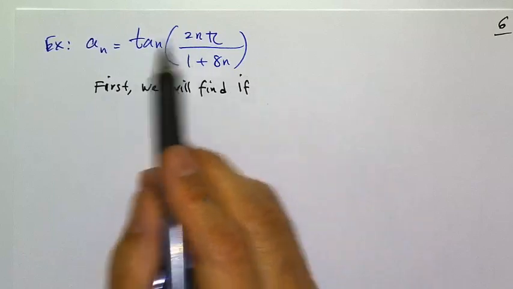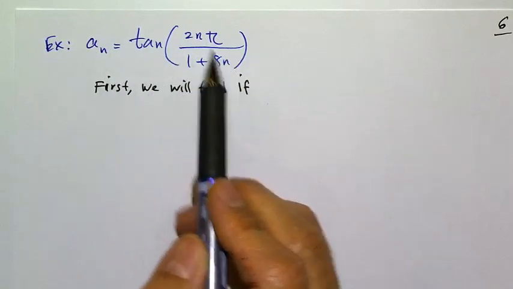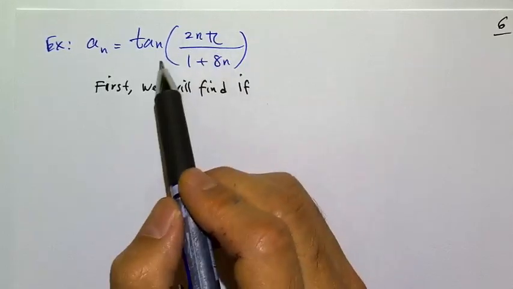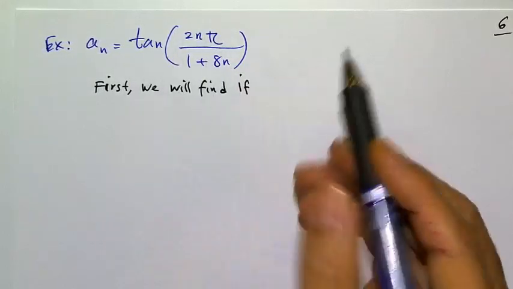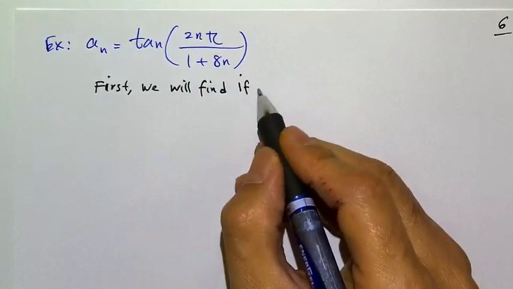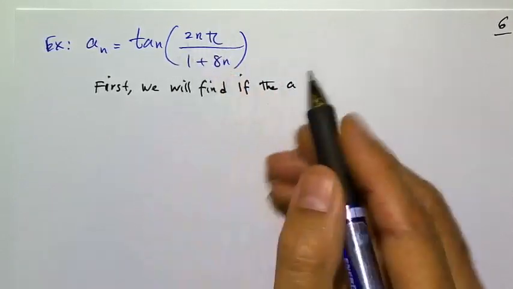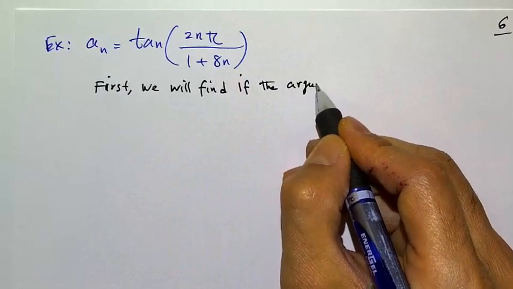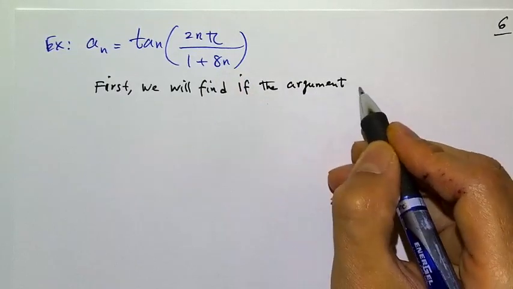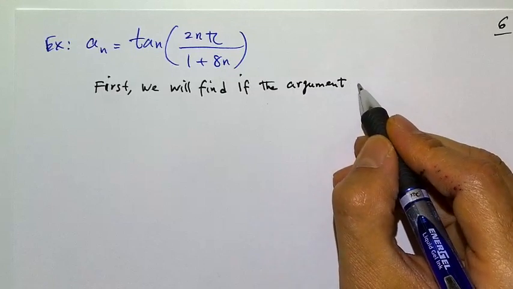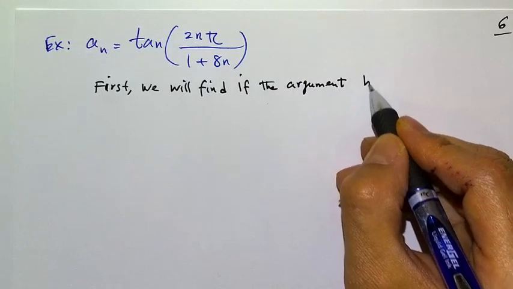And if it does, then the sequence has a limit which is equal to the limit of the function at that value. So we will find if the argument, being this portion, has a limit.